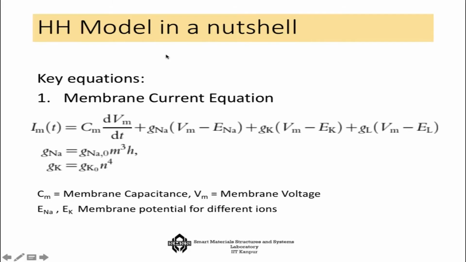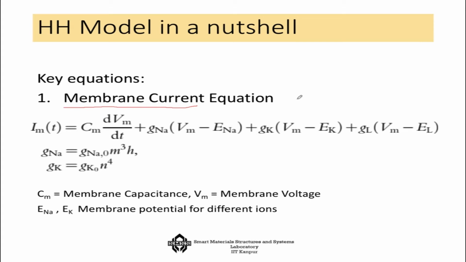So first of all, let us try to summarize the Hodgkin-Huxley model. The H-H model, in a nutshell, starts with some key equations. The first equation that I told you is the membrane current equation.